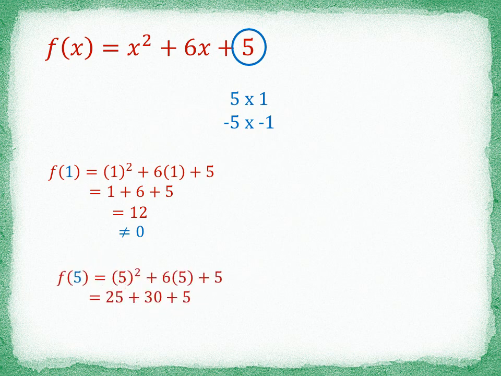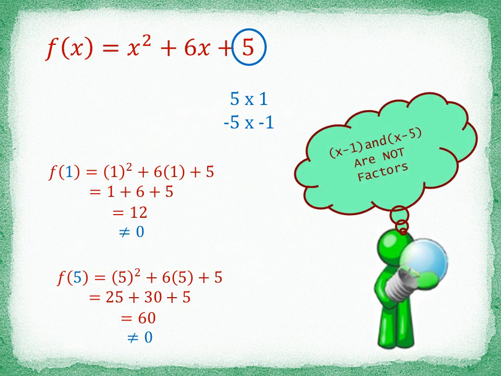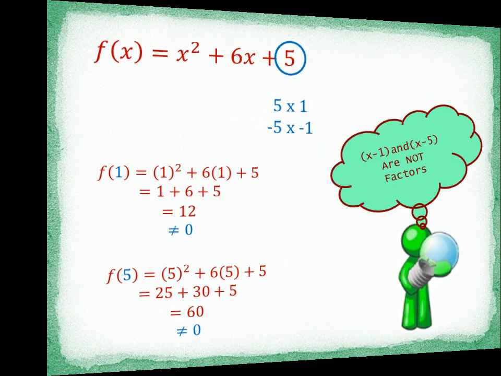X minus 1 is not a factor. Let's substitute 5. F of 5 would be equal to 25 plus 30 plus 5, which is 60. So x minus 1 and x minus 5 are not factors of x squared plus 6x plus 5 because f of a is not equal to 0. F of 1 is equal to 12 and f of 5 is equal to 60.